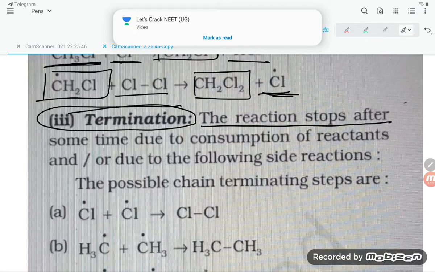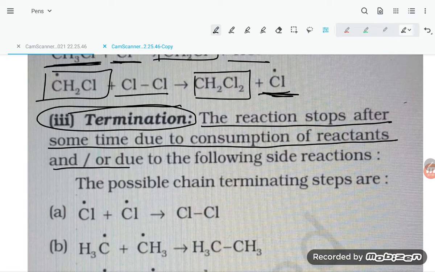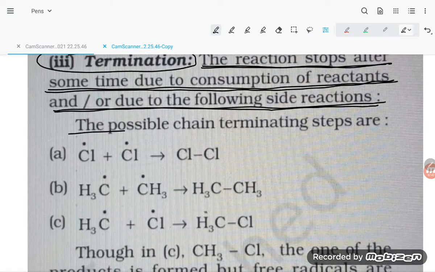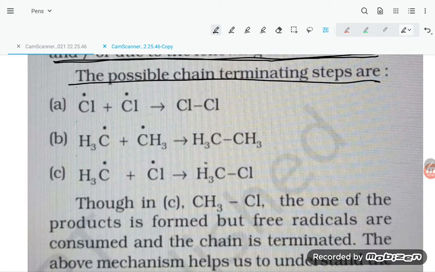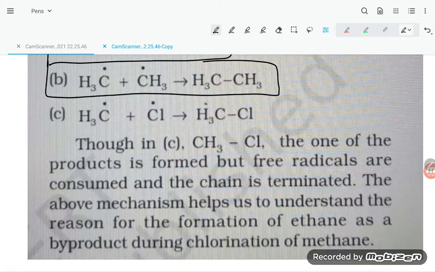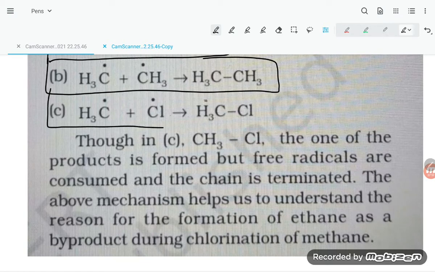The reaction stops after some time due to the consumption of reactants and due to the following side reactions. The possible chain terminations: two chlorine free radicals combine to form Cl2, two methyl free radicals combine to form ethane, and one methyl free radical and one chlorine free radical combine to form chloromethane.